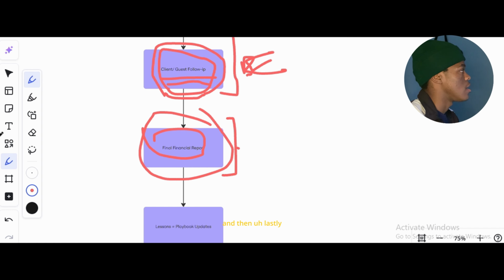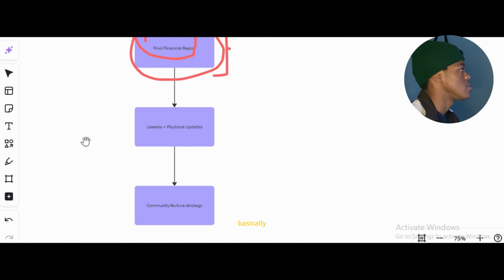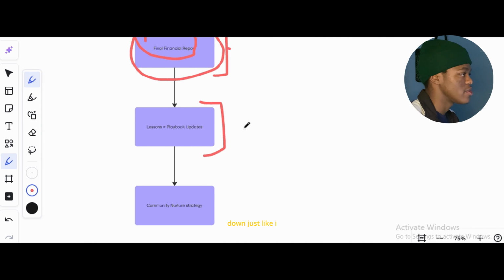And then, lastly, or before last, basically, this is where we get to sit down. Just like I mentioned before, we look at the mistakes that happened in the events. We look at the bad and the good, and we focus more on the good.